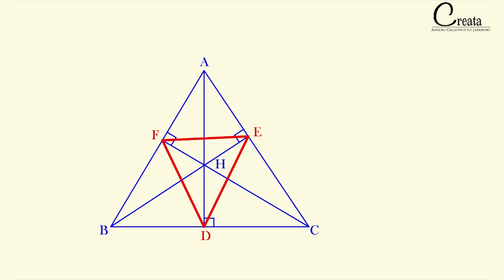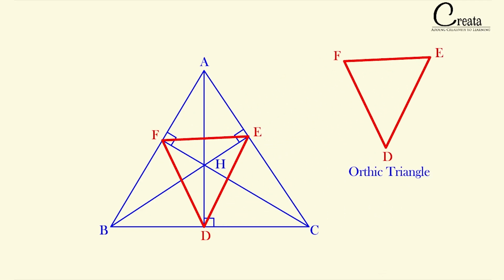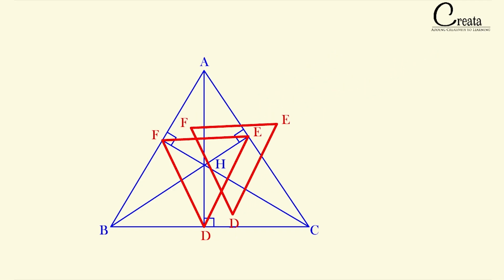So for this triangle ABC, the triangle DEF is the orthic triangle. In this lecture, we will see the various properties of the orthic triangle and we will derive the various formulas related to the orthic triangles. So we have got the basic introduction to the orthic triangles. Let's proceed further to the various properties of the orthic triangle.